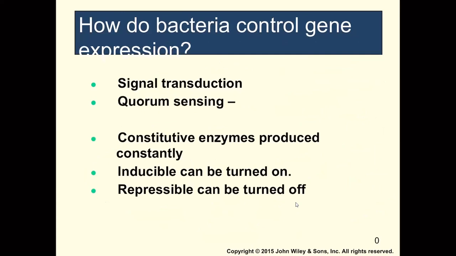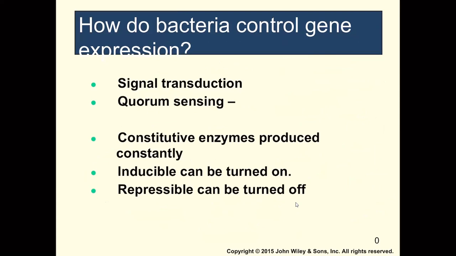Okay, now, how do bacteria control when genes are turned on or off? So in anatomy, you learn about expression, and in Bio 113, you learn about what turns genes on and off.